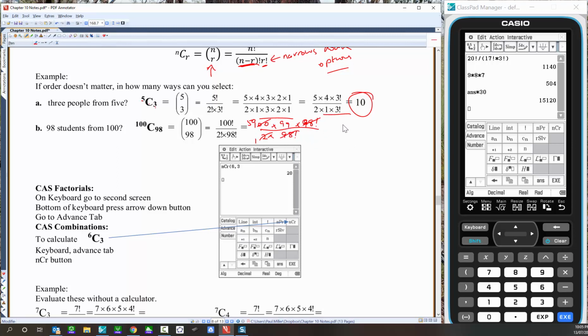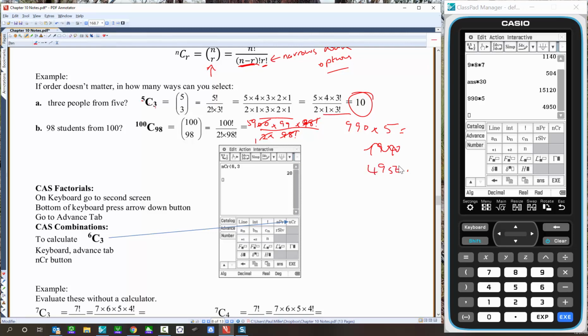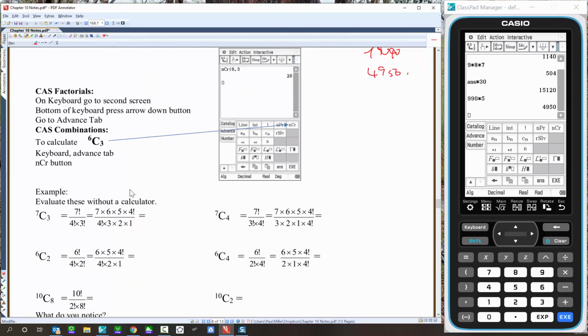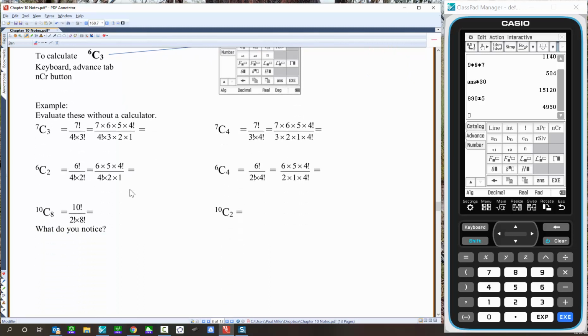That's going to be 990 times 5, and that is 4950. Oops, 4950.